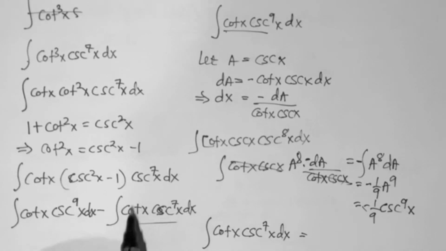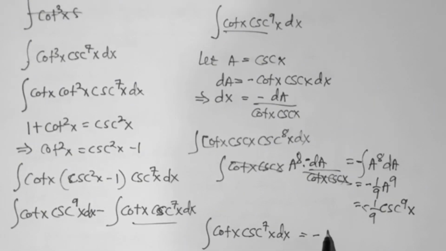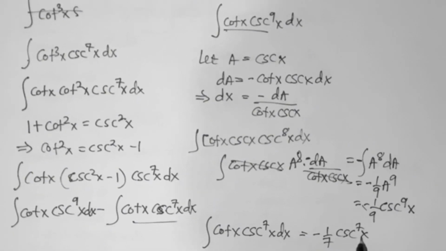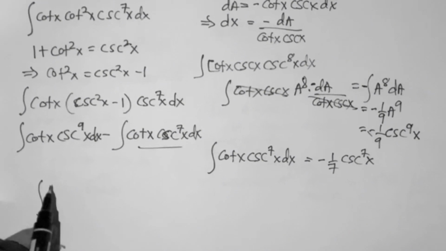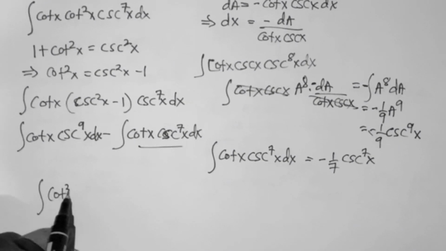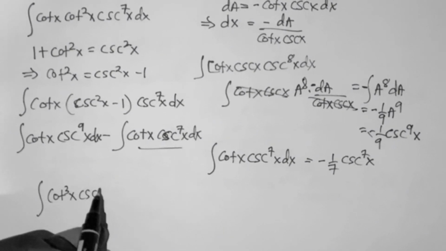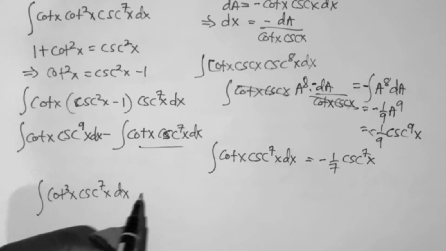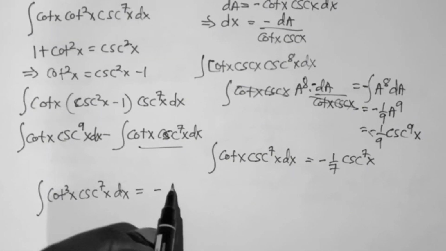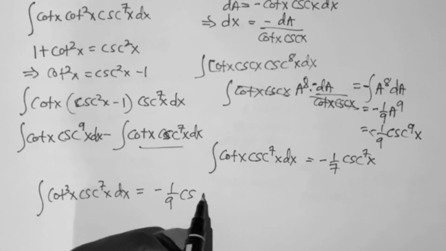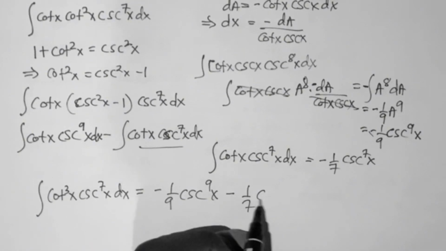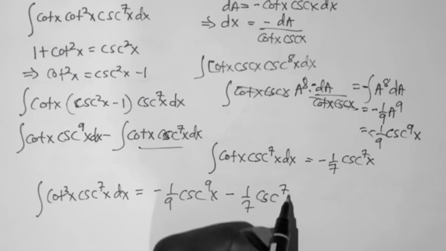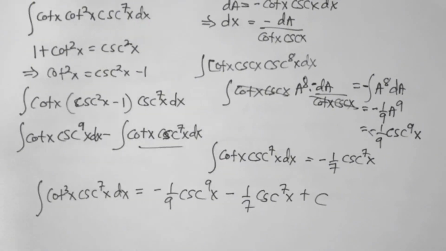So when we do this one too, we'll get minus 1 over 7 cosec exponent 7x. And therefore integral of cot exponent 3x cosec exponent 7x dx is equal to minus 1 over 9 cosec exponent 9x minus 1 over 7 cosec exponent 7x plus c.